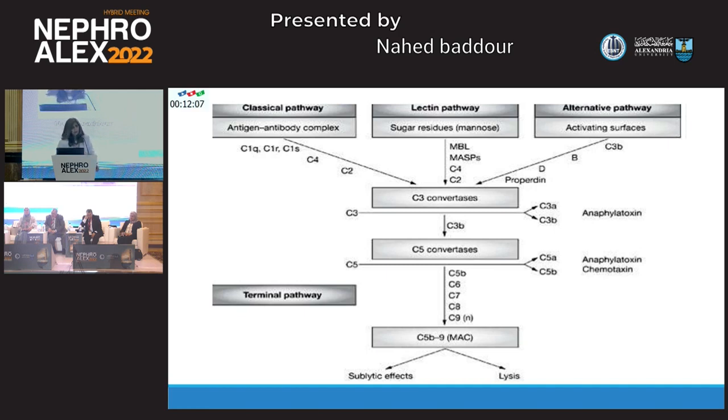So complement is activated through 3 pathways, and the central pathway involves activation of C3 convertase to cleave C3 into the anaphylatoxin C3a and C3b. C3b activates C5 convertase to activate synthesis of the final pathway with generation of the membrane attack complex C5-9.